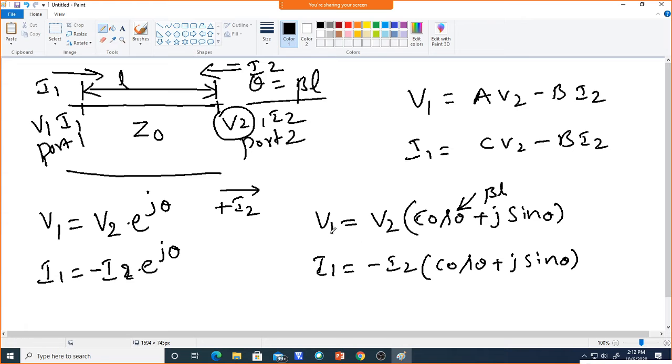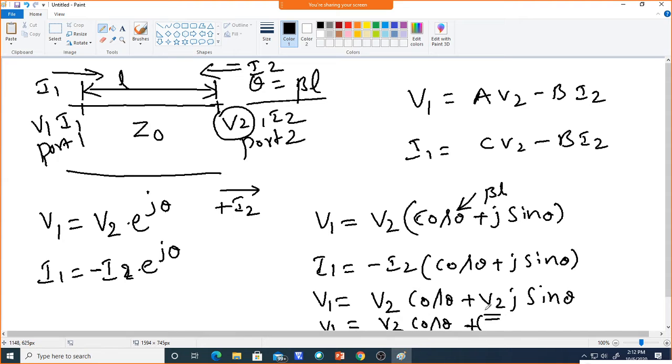Okay, so now what is V1? You express it in terms of V2 and I2. So we get V2 cos theta plus V2 j sin theta. Now V2 I can represent in terms of I and the characteristic impedance Z0.